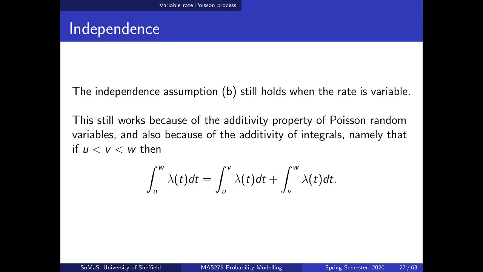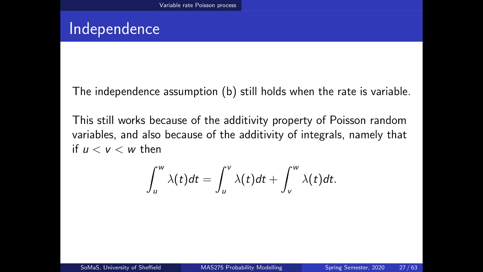Okay, so as I said, we don't change assumption B. So we keep the independence assumption. And what is nice is that the additivity property of the Poisson variables still fits with all of this.